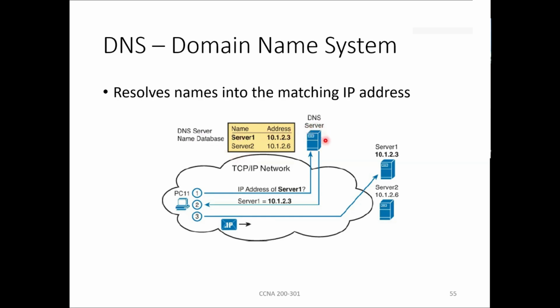These DNS servers hold the name, like a computer name or server name, and the relevant IP address. If this PC is looking for these servers, it will be directed to the DNS servers, and they can provide the relevant IP address for that server.